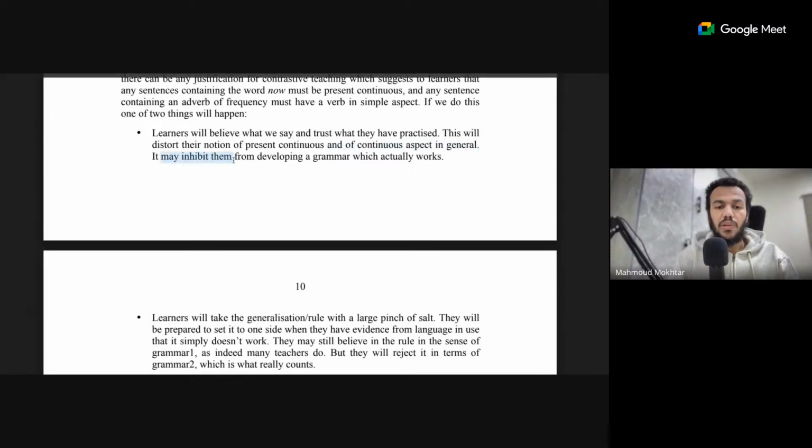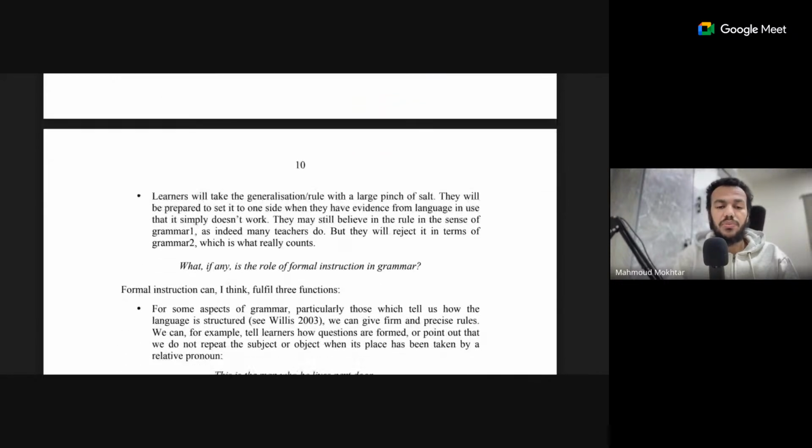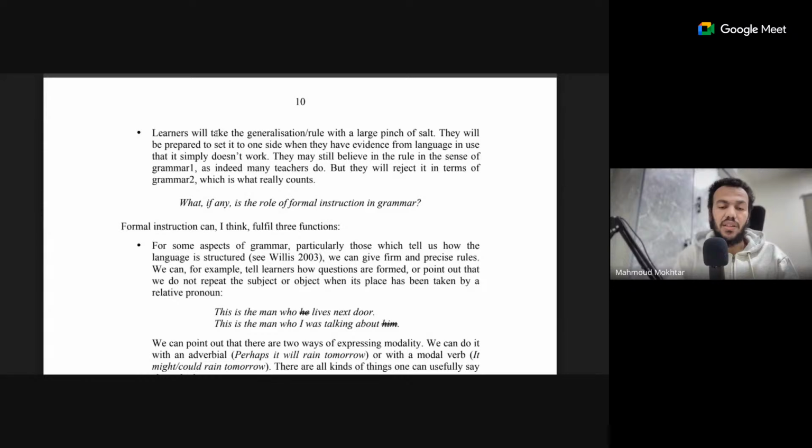It may inhibit them from developing a grammar which actually works. Second thing that may happen: learners will take the generalization or rule with a large pinch of salt. They will be prepared to set it to one side when they have evidence from language in use that it simply doesn't work.